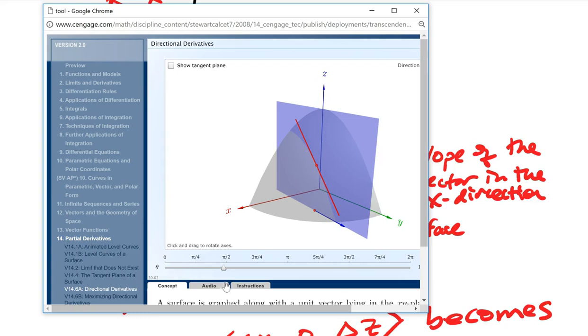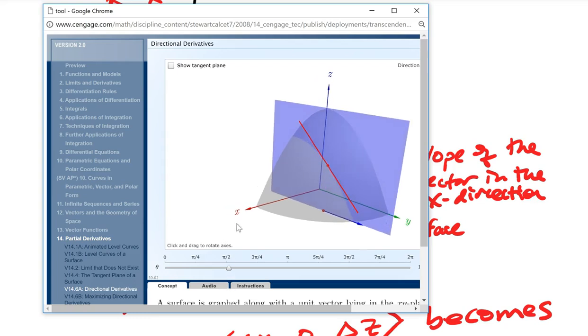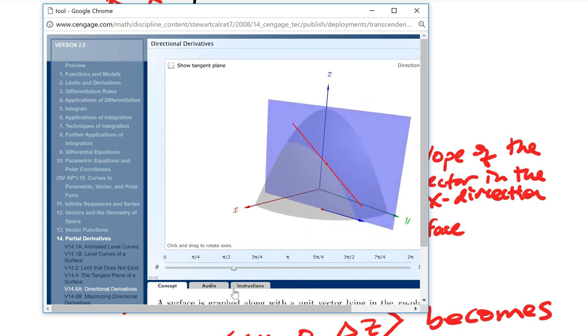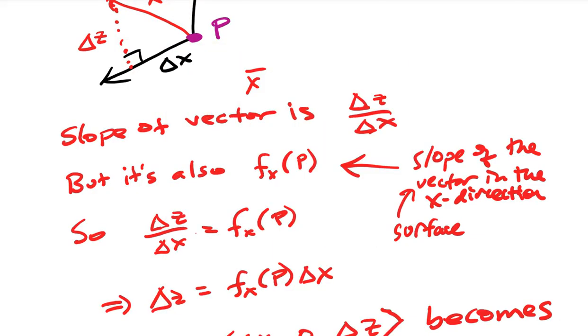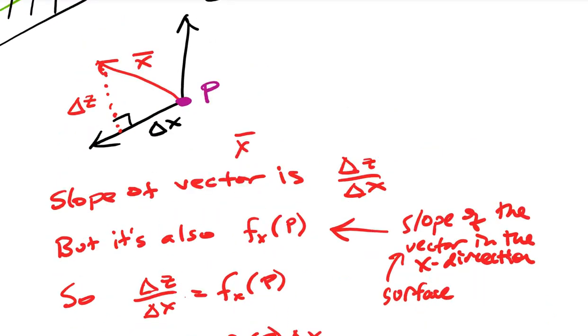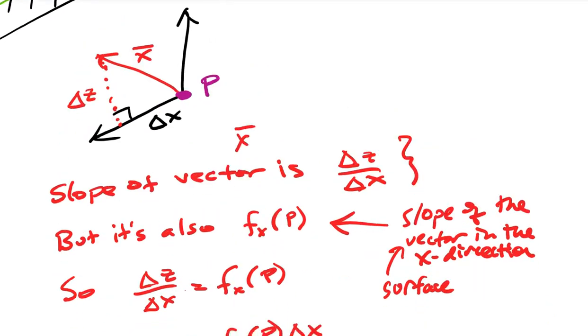The slope of the line in the strict y direction will be f sub y. So my red vector in my drawing is this one, and my green vector is this one. Those two vectors form a plane, that black plane I've been talking about. The slope of the vector x is f sub x, but it's also delta z over delta x.